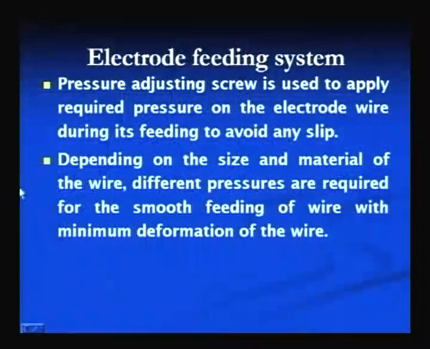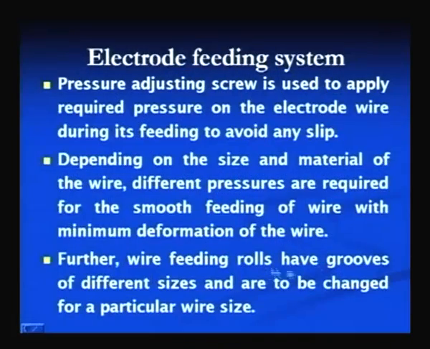Different pressures are used for smooth feeding of the wires with minimum deformation. The pressure is selected in such a way that the electrode wire does not deform, and it is fed continuously without any slippage.